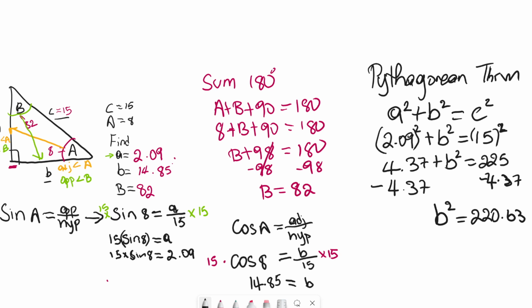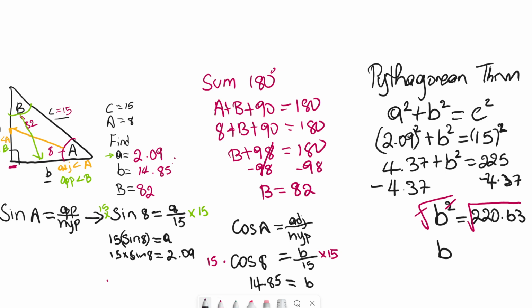But I am not done, right? I need to figure out what B is because that's essentially what we are solving for. And so if I want to find what B is, I have to take the square root of both sides to get B because square root will cancel the square, if you may.